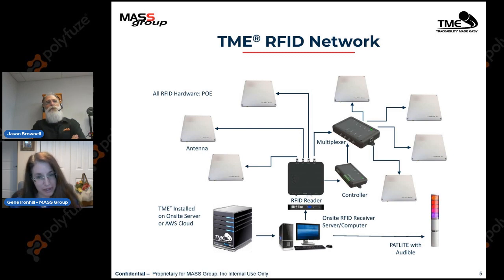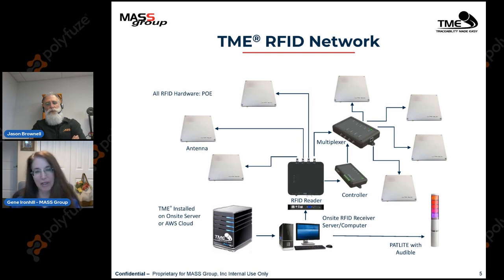And then the readers are on a network throughout the organization at the different choke points that enable zoning or entrances and exits, so that you know when something leaves. And then the antennas are connected to the readers. The antennas are what make the RFID tags announce themselves.